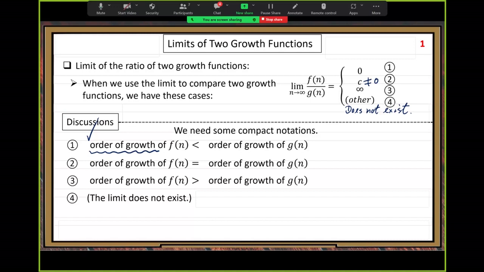In a polynomial, do we have the order concept? Order and degree. In a polynomial, we have the degree concept, right? And order is different from degree.